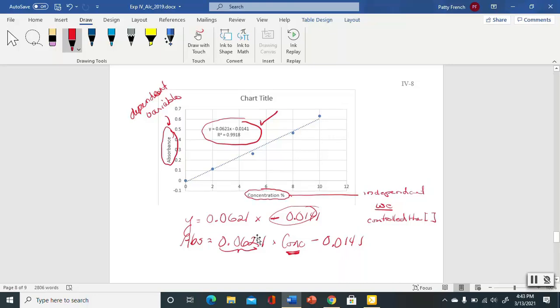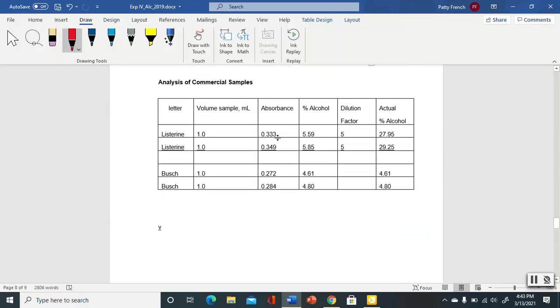0.0141. Now we went on to the second part of our lab, and in my case, I measured a mouthwash, 2 different samples I made, and a beer. Again, I made 2 different samples. Now, these samples were supposed to be exactly identical, so I should have had absorbances that were exactly identical. Well, they weren't too bad, and what I did was take this absorbance, just for an example, and I plugged that into that equation.